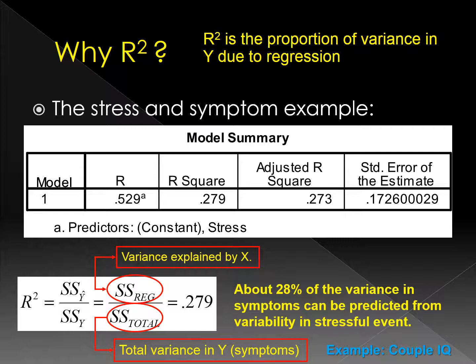So we would need to square the correlation coefficient. If the correlation coefficient is 0.20, then when we square it, it is 0.04. That is, over the 20 years, a couple's IQ could change 4%, not 20%. That makes more sense.